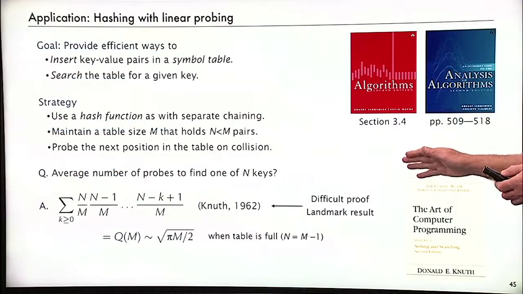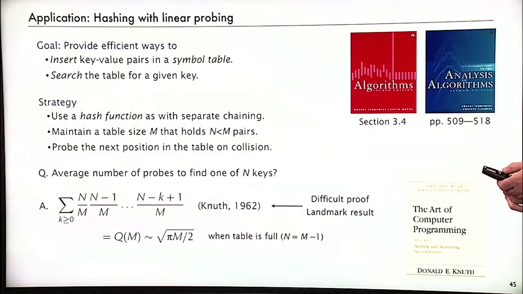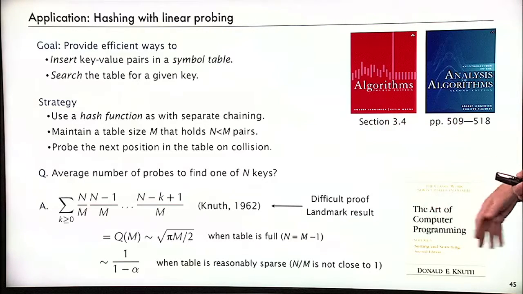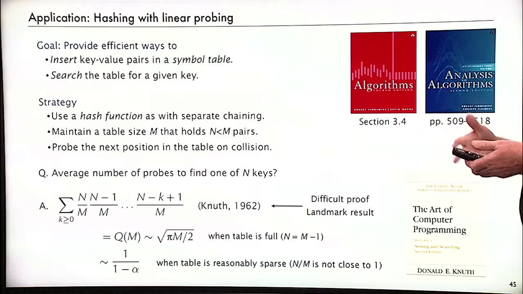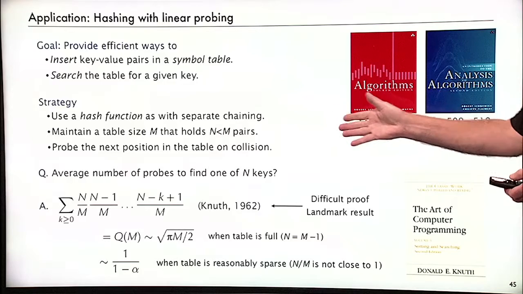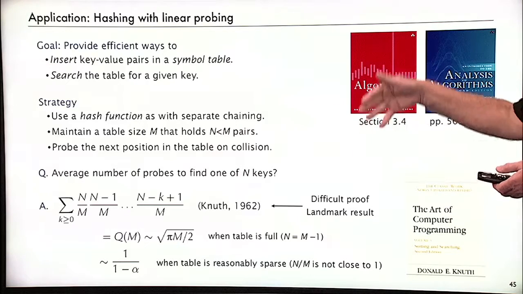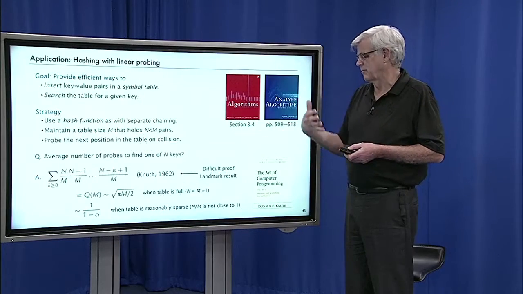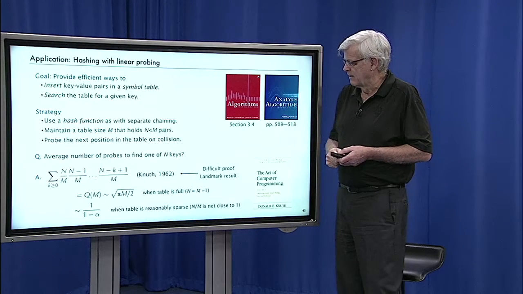If you let the table get full, you let n get to m, then it's a Ramanujan function. And if you don't let the table get full, which we don't in practice, say don't let it get more than half full, then it's going to be 1 over 1 minus alpha. If you don't let it get more than half full, then it's about 2 probes. So in practice, that's a very important result.